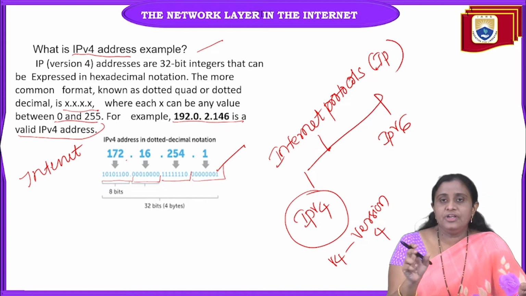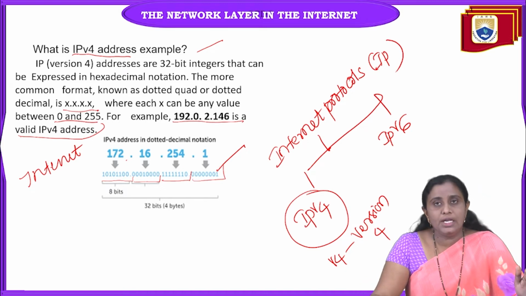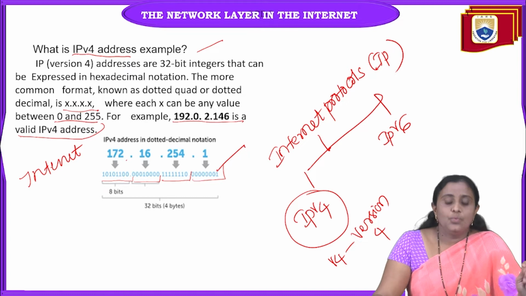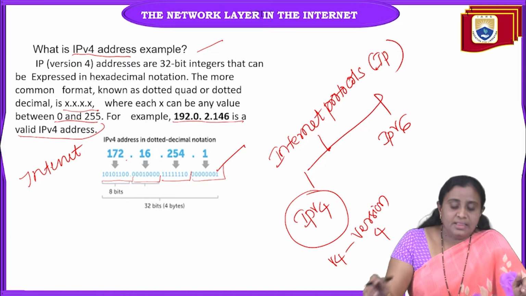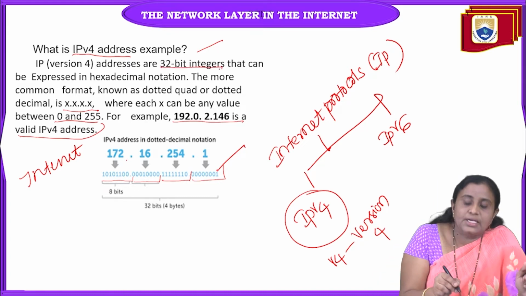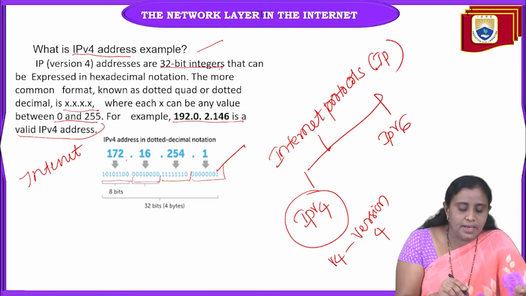So for every number, we need to identify 8 bits of code. Hence, we need 32-bit integers for the IPv4 address.